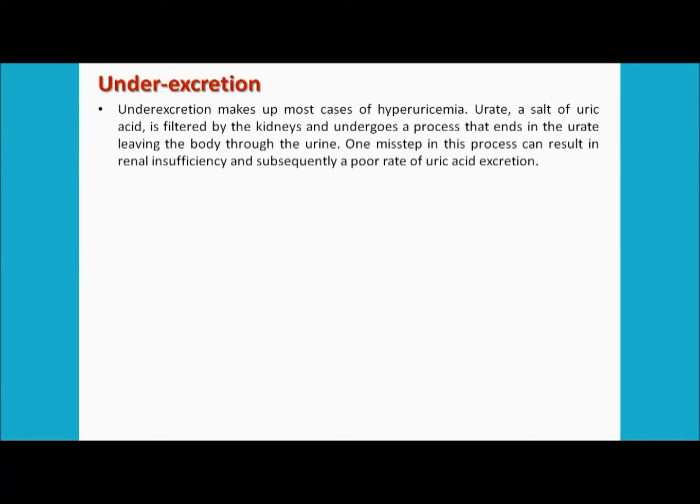It undergoes a process that ends with the urate leaving the body through the urine, right? Now one misstep in this process of excretion can result in renal insufficiency, thus leading to a poor rate of uric acid excretion from the body, right?